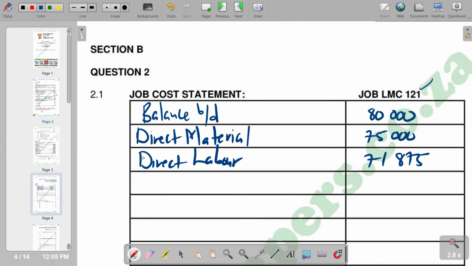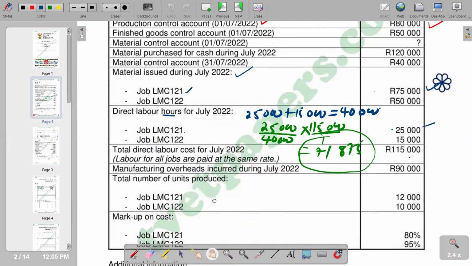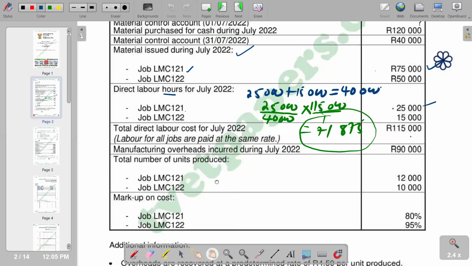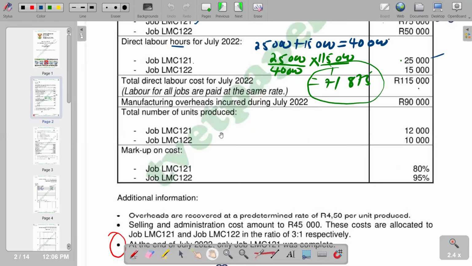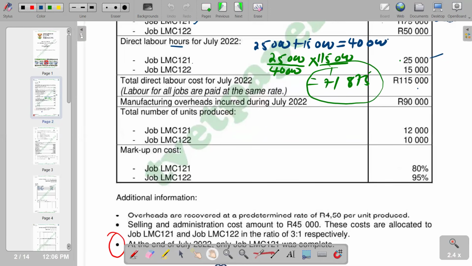Then from there, we check in terms of other costs that we can also include. In terms of applied overheads, the first point in the information says overheads are recovered at a predetermined rate of 450 per unit produced.